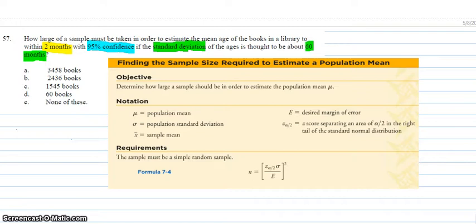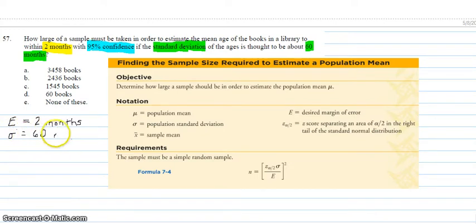So with that known, let's write that over here off to the side because we will want to refer to that information. We said E, which is our desired margin of error, equaled 2 months. We wanted to know within 2 months. We said the population standard deviation was about 60 months.